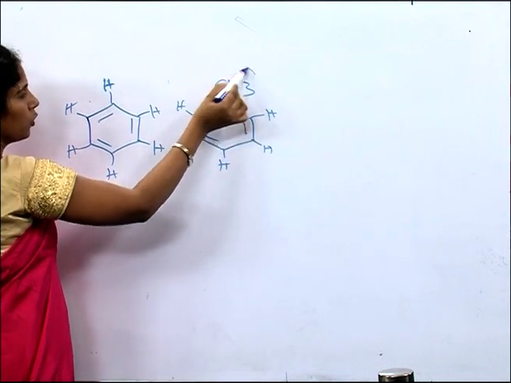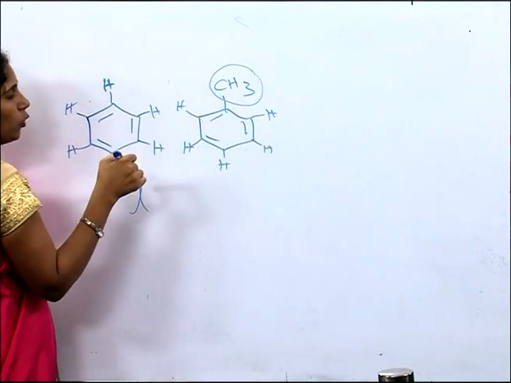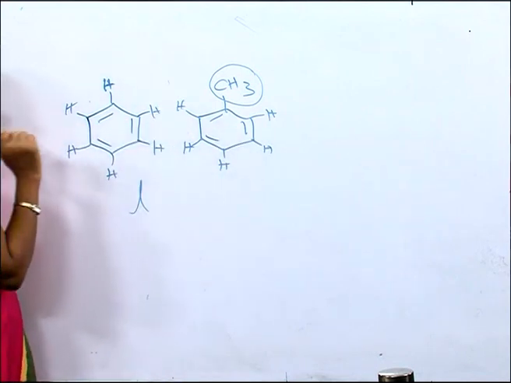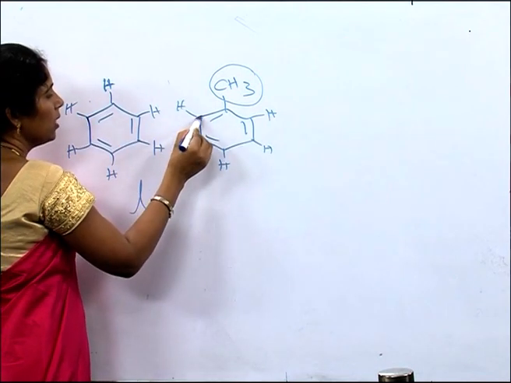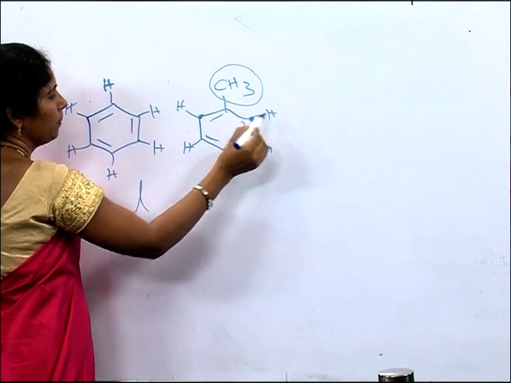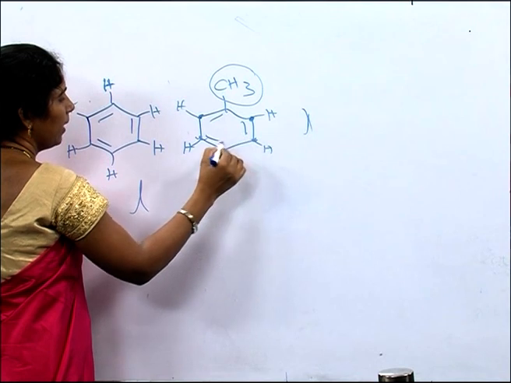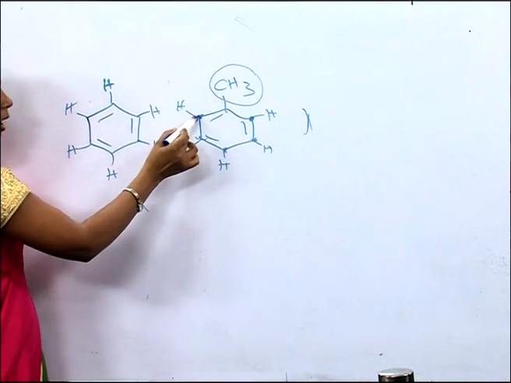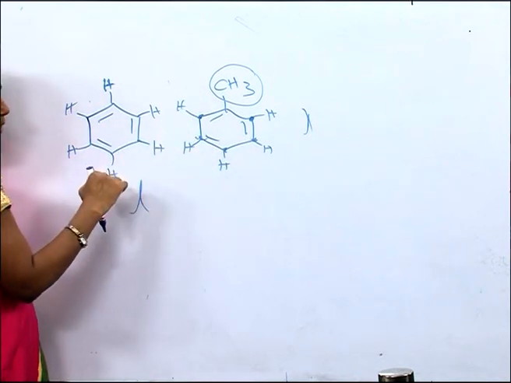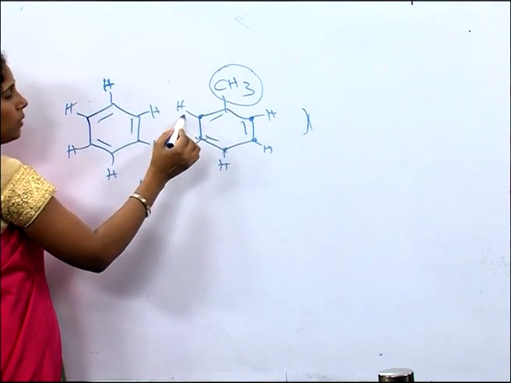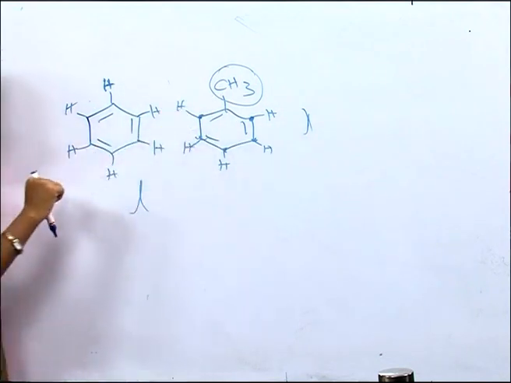See, because of the presence of the methyl group, the environment of these 5 protons has changed. Look at the structure carefully. These 2 protons are the same, giving a signal in NMR, and these 2 protons are the same, and this one is the same, because of ortho, meta and para positions. So, mono substituted benzenes give 3 signals in the aromatic region.